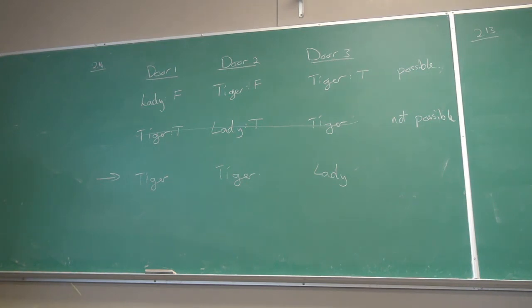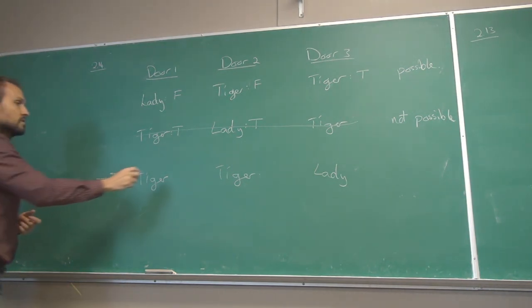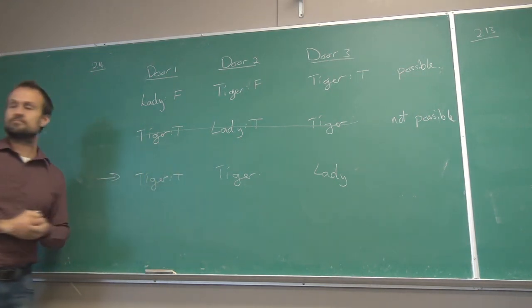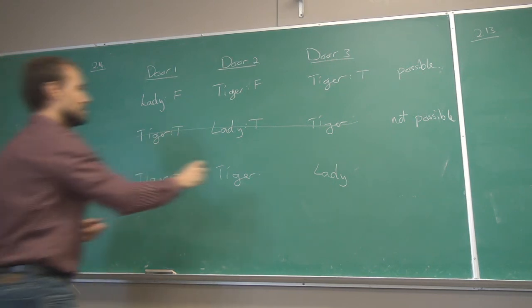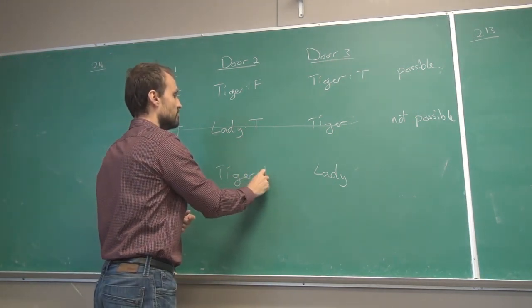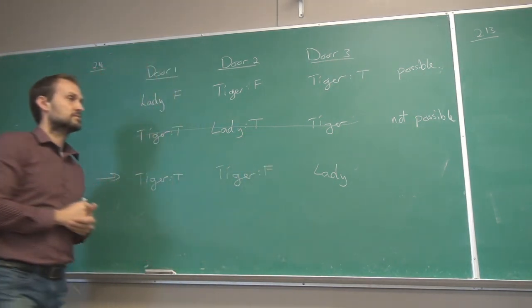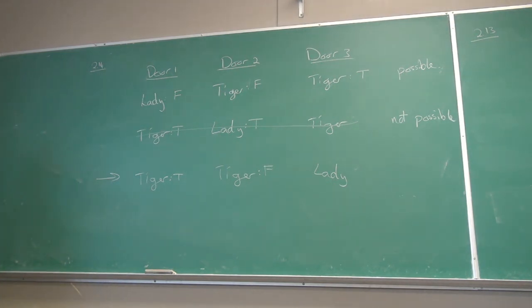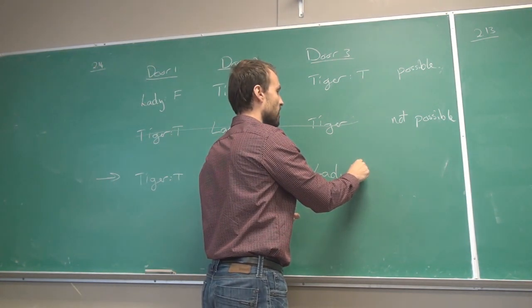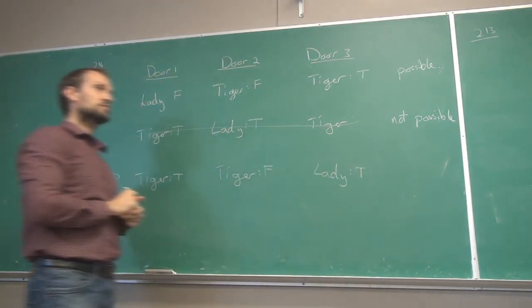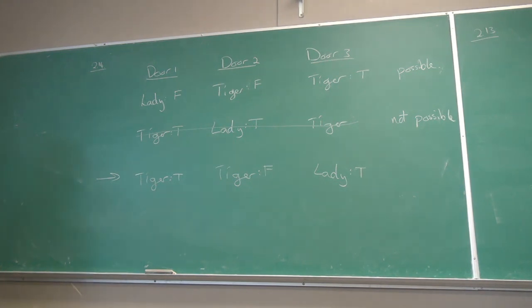Last one, tiger, tiger, lady. Door 1 says a tiger is in this room. True. Door 2 says a lady is in this room. False. Oh, I only have 1 true. What's going to happen? Door 3 says a tiger is in room 2. True. Conclusion? Not possible.